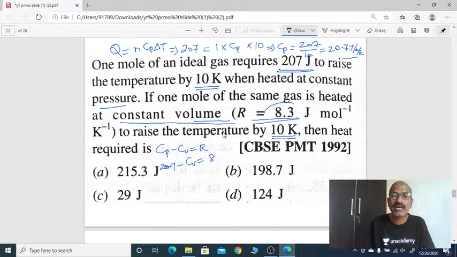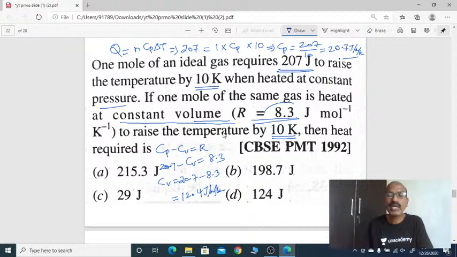R is given as 8.3. So Cv equals 20.7 minus 8.3, and you will get 12.4 joule per mole per Kelvin.